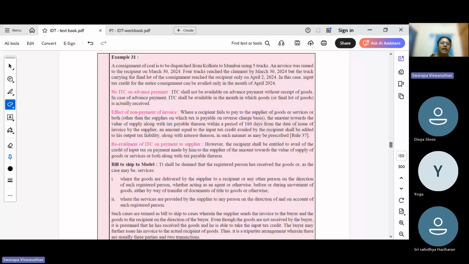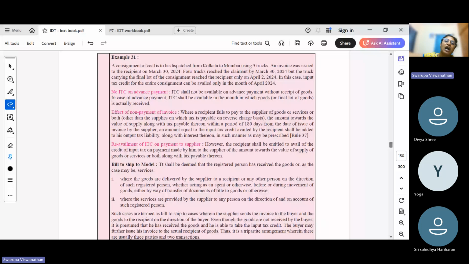So if I have an invoice for 10,000 units of a product and I am being supplied 1,000 units every month, even though I have the invoice for 10,000, it is declared in the GSTR1, and it is available in GSTR2B, I cannot take the credit for the entire 10,000 units in the first month itself because I am receiving the goods in lots.